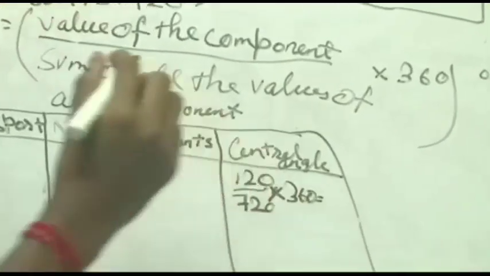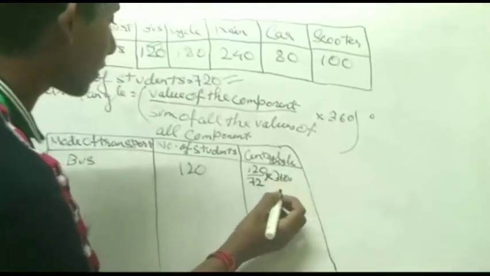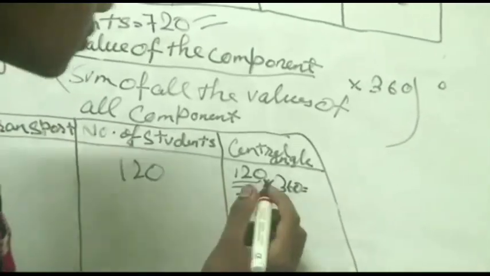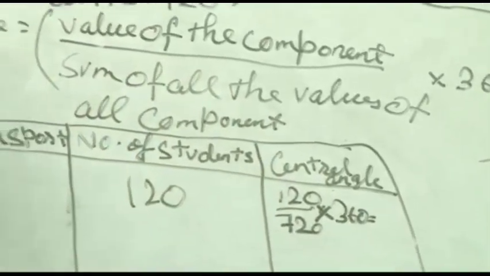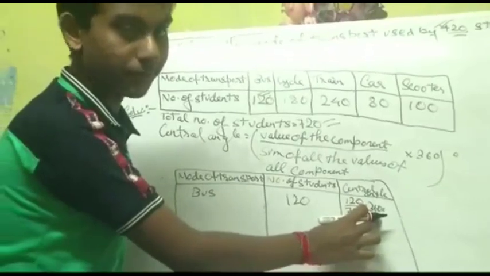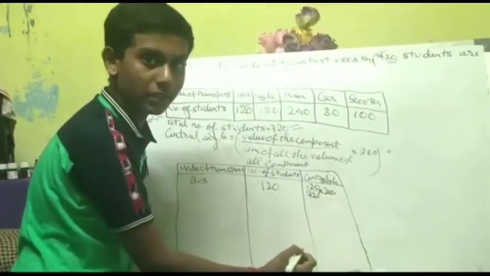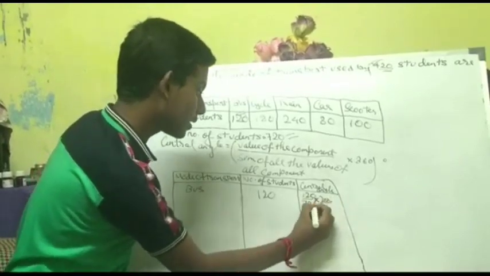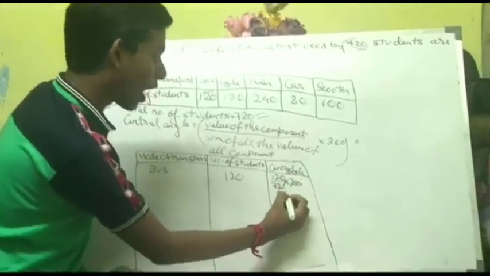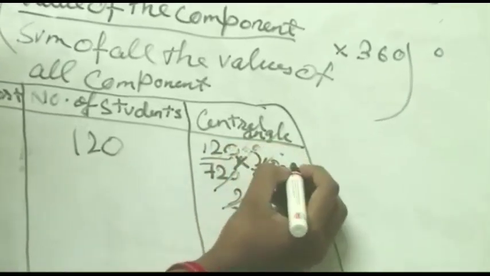We have to keep in mind that we have to standardize the form into the denominator into 360 degree. 360 by 720 is 2, 360 into 2, how much? 120 into 60.